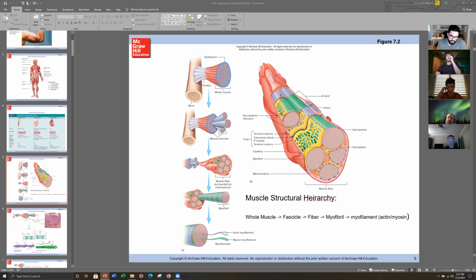The cytoplasm of a muscle cell is called the sarcoplasm, because it's all referring to the functional unit of the muscle cell, which is a sarcomere. A lot of the terminology you'll see here has things like myo referring to muscle, or sarco referring specifically to the components of the muscle.